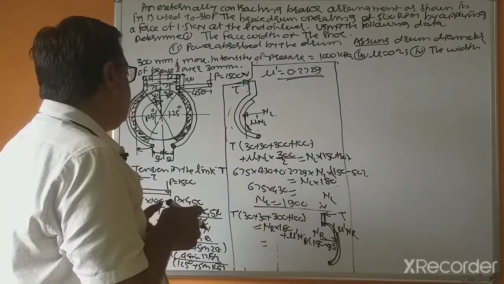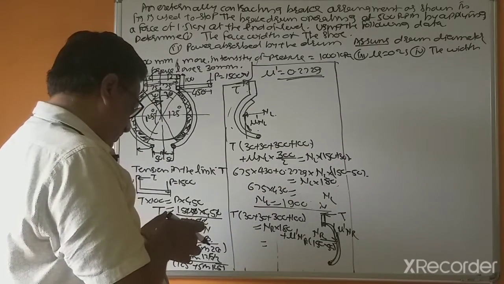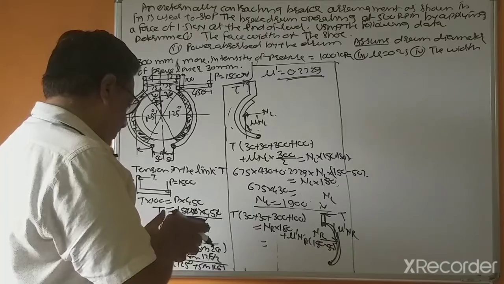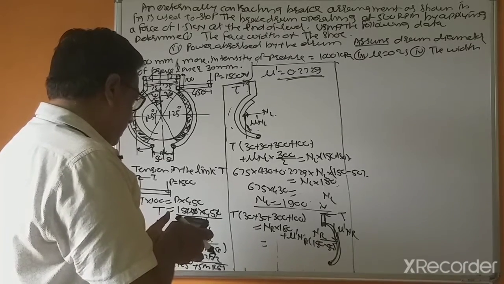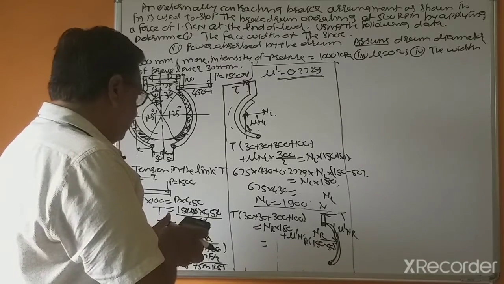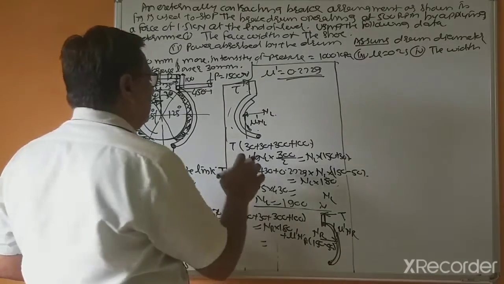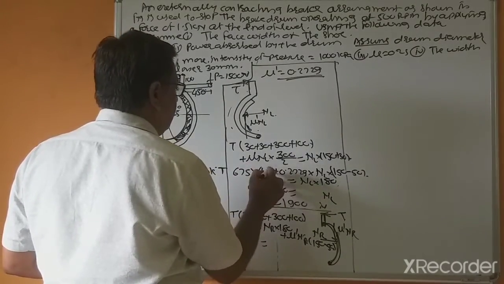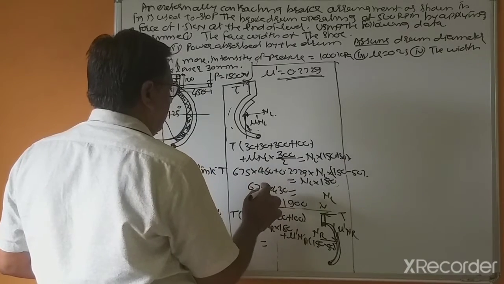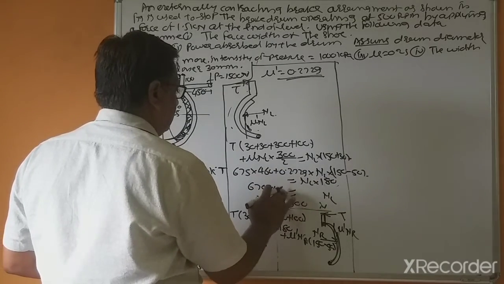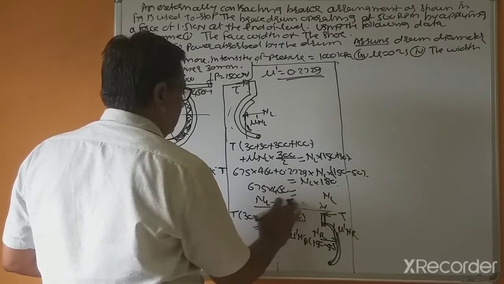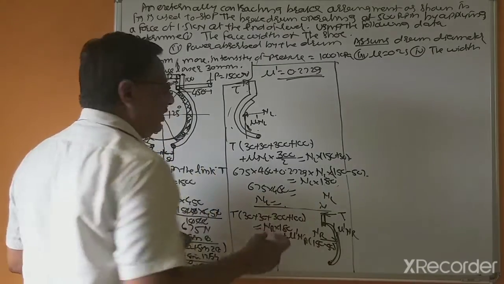So T equal to 675 multiplied by 4. Again I made a mistake. See, such silly mistakes I have made during the calculation, or otherwise you may think what is sir doing.